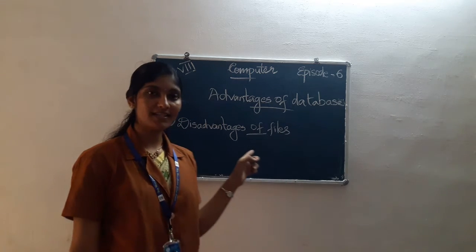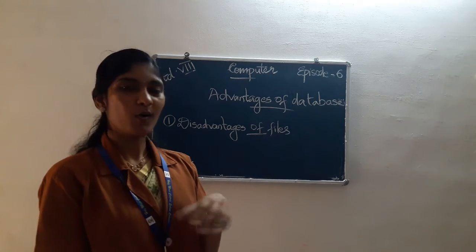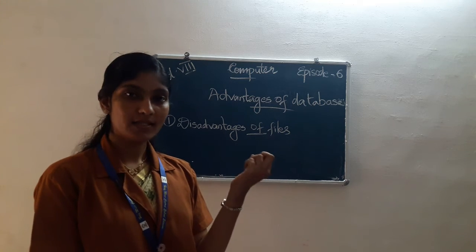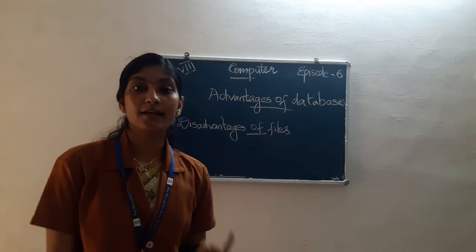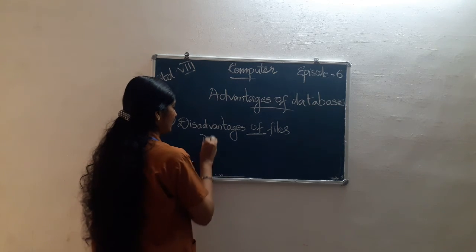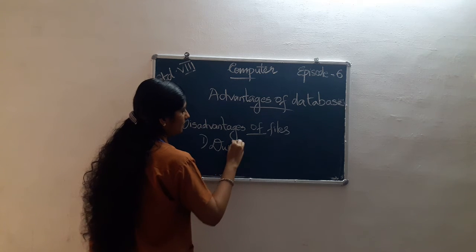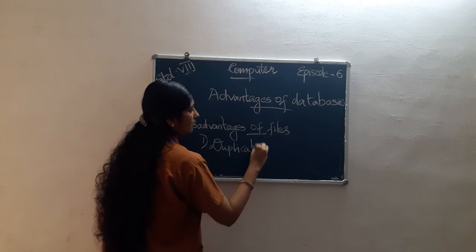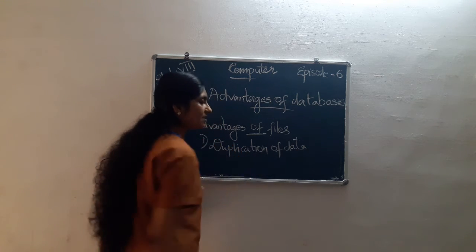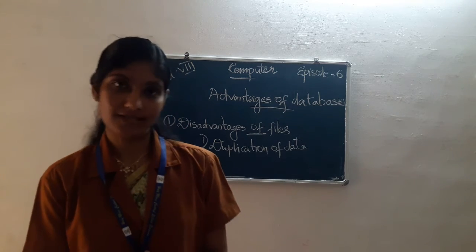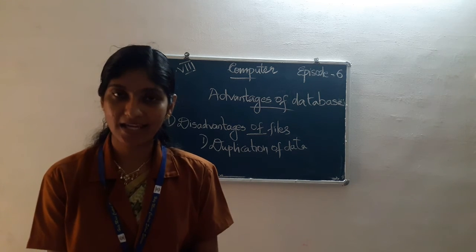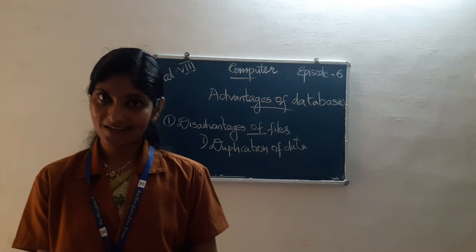Files means, in our previous example, the record book or hospital register, that is considered a file. Can you tell me what the disadvantages of a file are? First is duplication of data. Duplication of data means we can add the same data in several pages, several books or several registers.